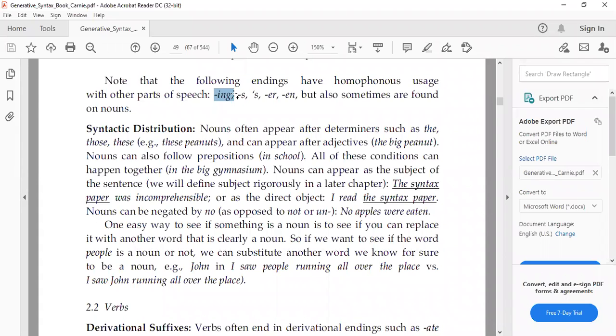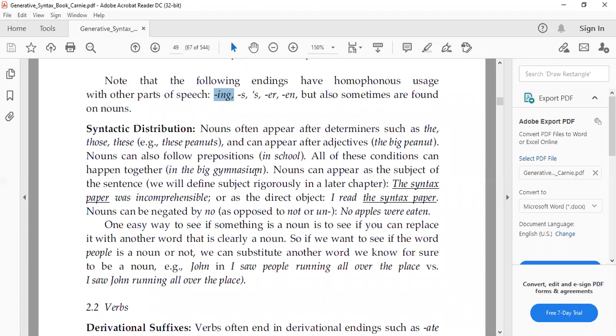So if I say the boy is playing football now, playing is what here? Verb. It's a verb, yes.